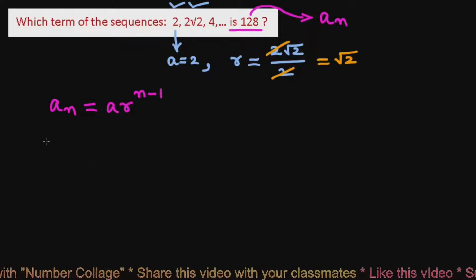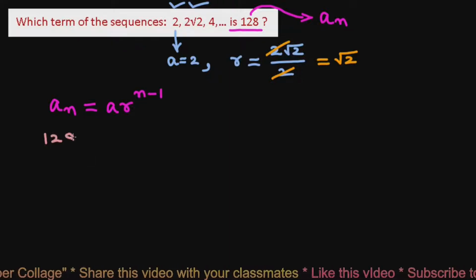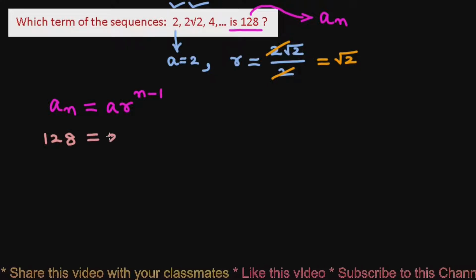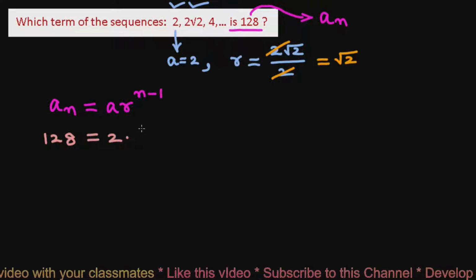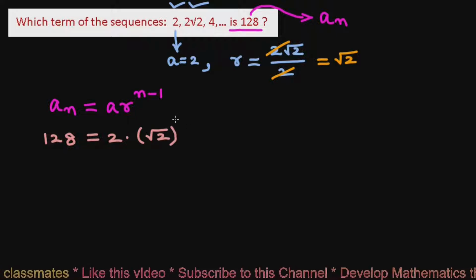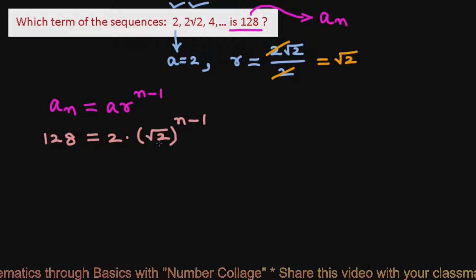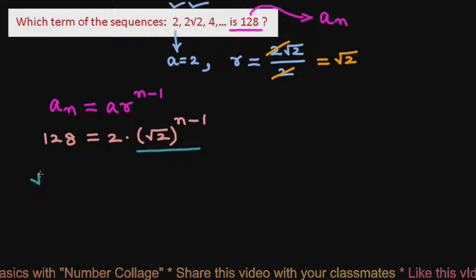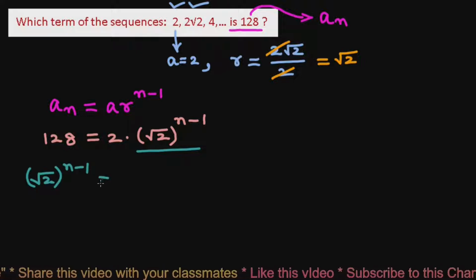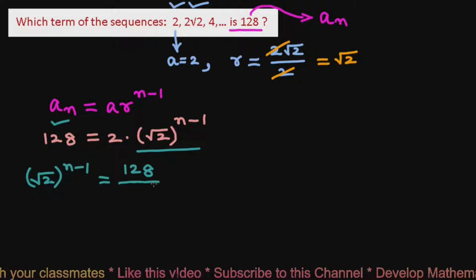So we write an equals 128, which is given, a is 2 multiplied by r is root 2 power n minus 1. This we write as root 2 power n minus 1 equals 128 upon 2.